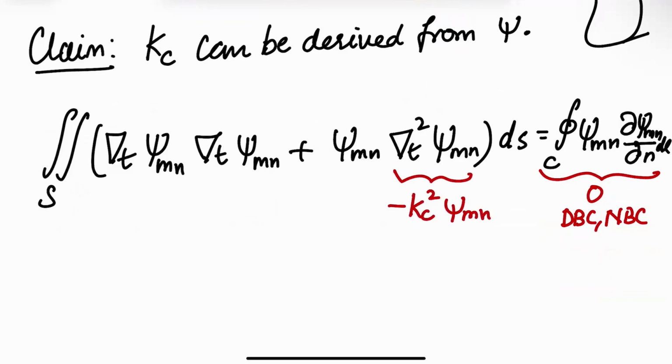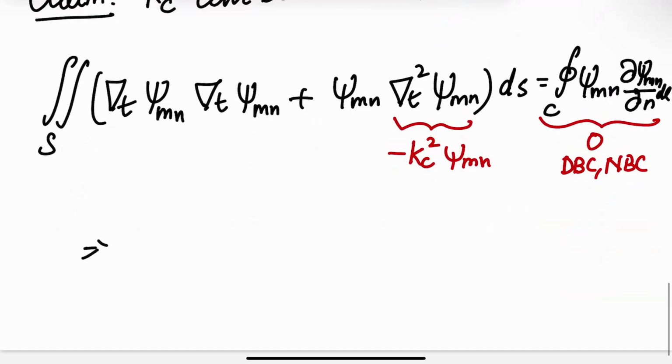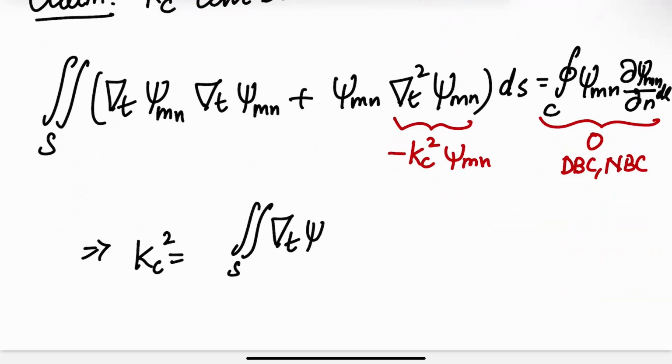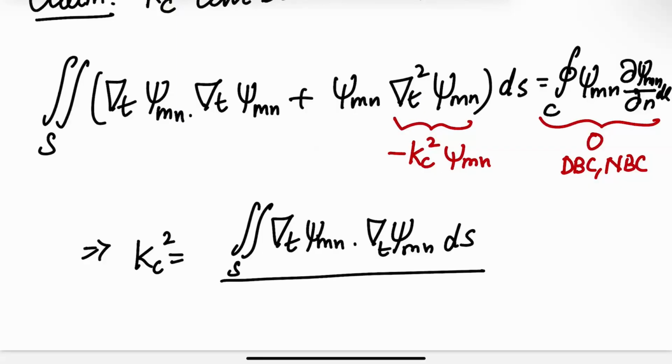And of course, from this you can write kc square as the surface integral over the product of the gradients ds divided by the surface integral over psi mn square ds.